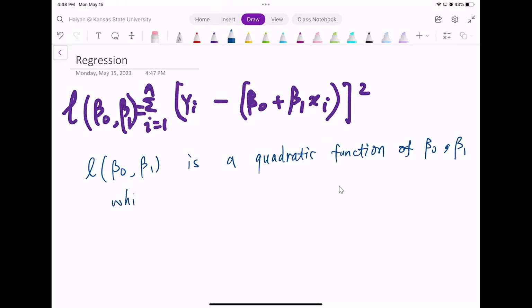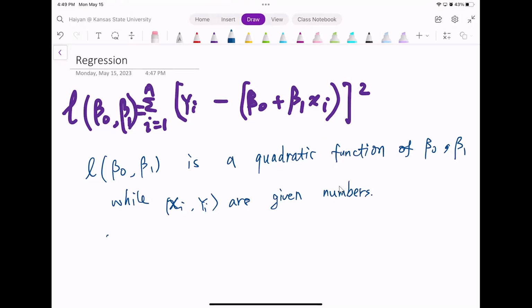Well, this xi and the yi's are given numbers. These numbers, we do not really need to estimate them. They come from the observed data. So only beta 0 and beta 1 are unknown.